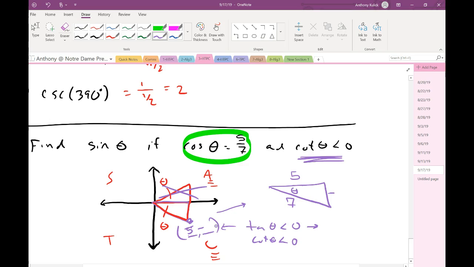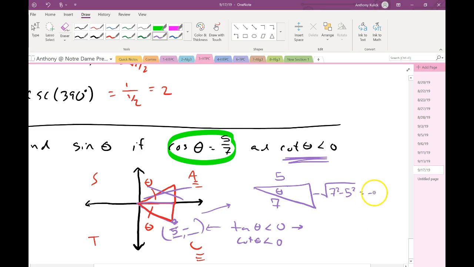Everybody okay with that idea? Okay. And to find that, I'm just going to use the Pythagorean Theorem. So the square root of the hypotenuse squared minus the leg squared, which is the square root of 24. Oops, forgot to write my negative. Which simplifies down to, what is that? 2 square root 6, I think.